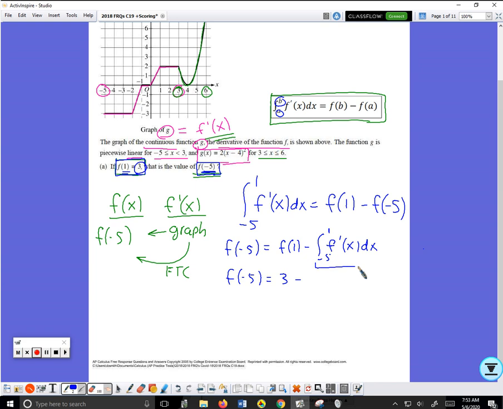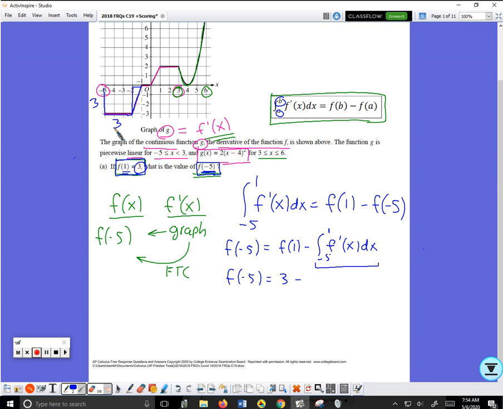This integral I'm going to find by paying attention to area. So start at -5. These values of f prime are all negative. This is 3 by 3, so that's 9.